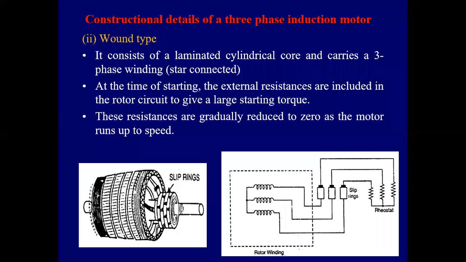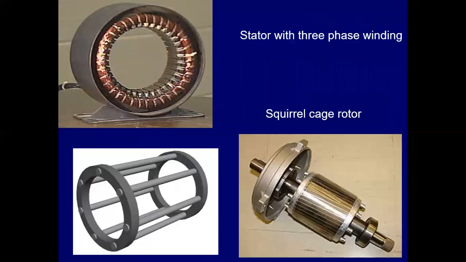In the slip ring rotor, in the second diagram, the three terminals come out of the dotted box and are connected to external resistance. Not only resistance, if you want, you can connect it anywhere else. That is the feasibility of the slip ring induction motor.